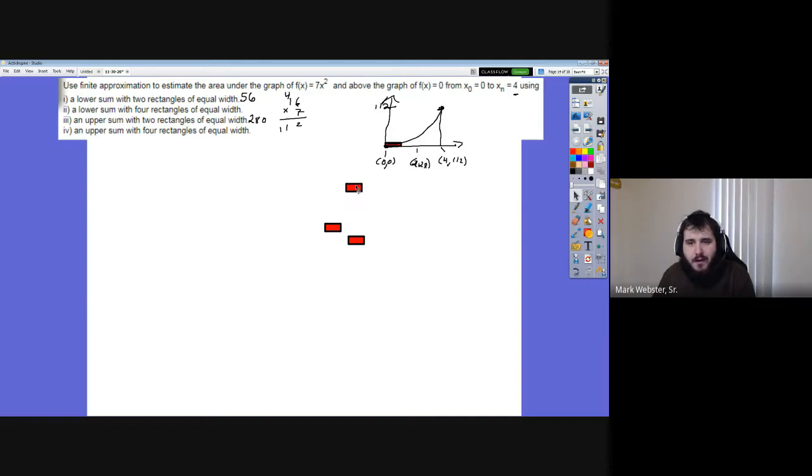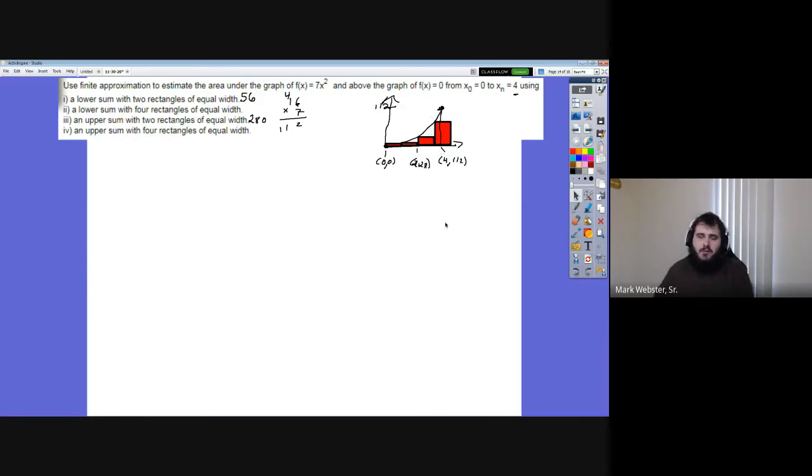There's 1 rectangle, and I'm going from the bottom. Let's see if I can make that a little bit smaller. Coming from the bottom of the curve. That one fits very nicely. And then here's the last one. Coming from the bottom of the curve.